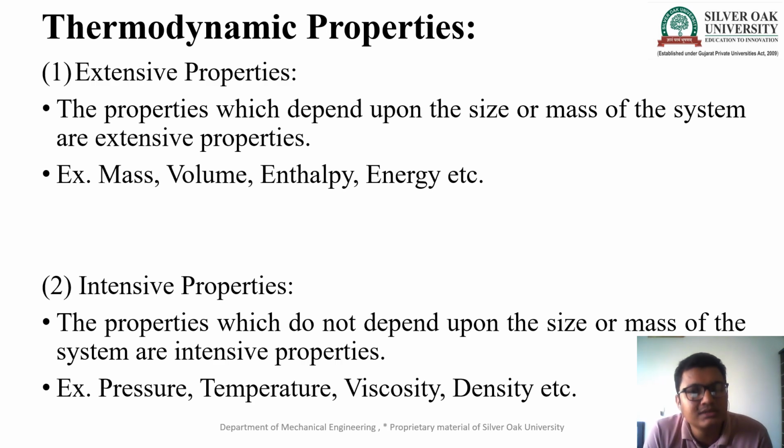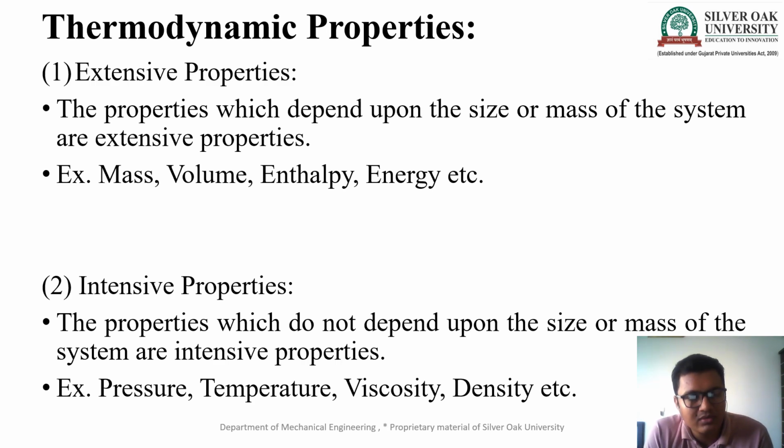What is an intensive property? The property which does not depend on the mass, or is independent of the mass. The property which depends upon the size of mass is called an extensive property. Examples are mass, volume, enthalpy, energy. These are the extensive properties.